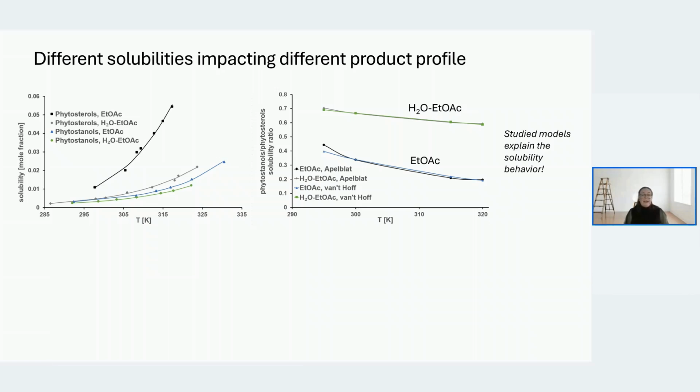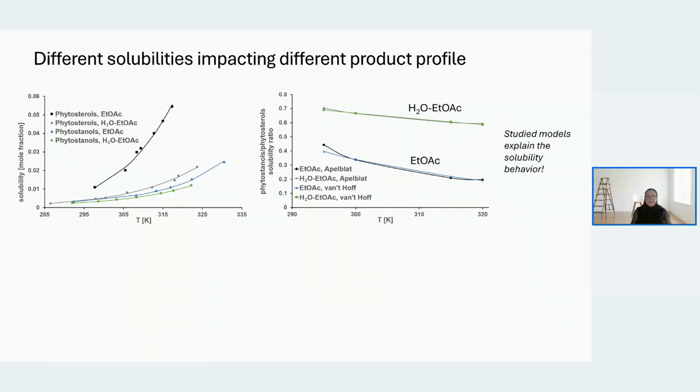With pure ethyl acetate as the solvent system, the stanol solubility varies slightly with temperature, but it's around 20 to 45% of the sterol solubility. When we have water in the solvent system, so ethyl acetate-water, the stanol solubility in comparison to sterol solubility is 60 to 70%. So the solubilities are much closer to each other.